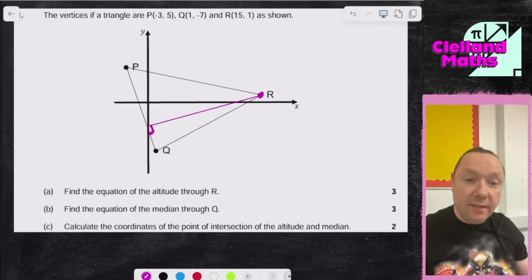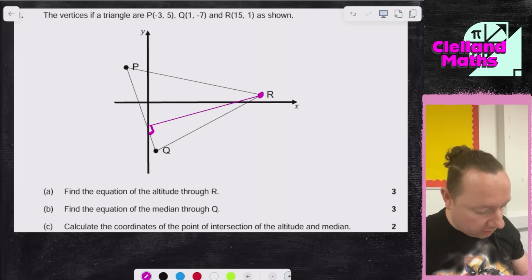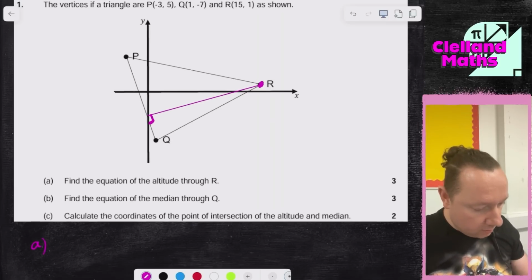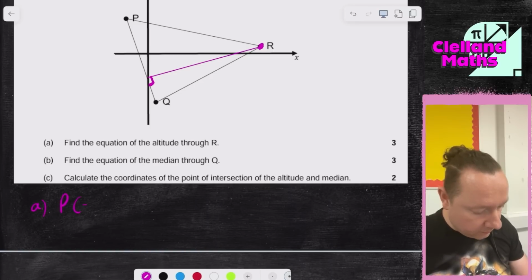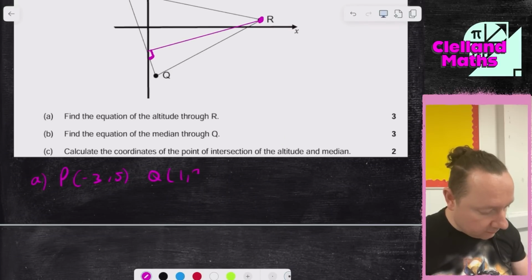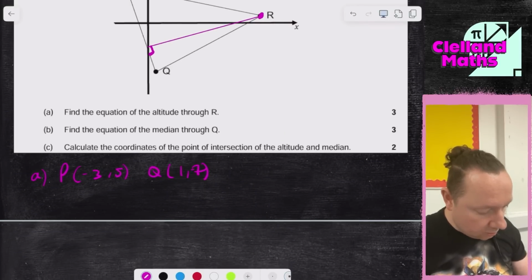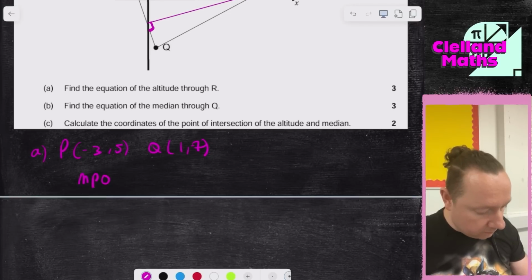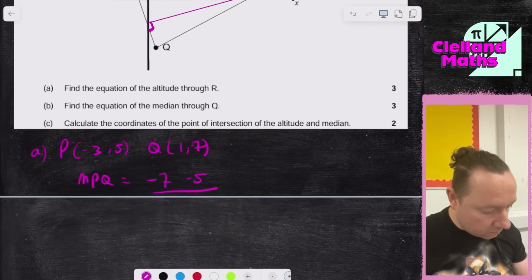So that means I need the gradient of PQ, then m1 times m2 equals minus 1. So we're going to start there. For P, we've got minus 3, 5, and for Q, we have 1, minus 7. So the gradient of PQ is minus 7 minus 5 over 1 minus 3.